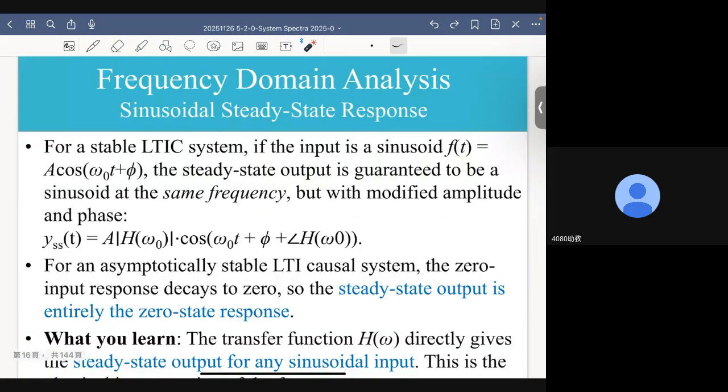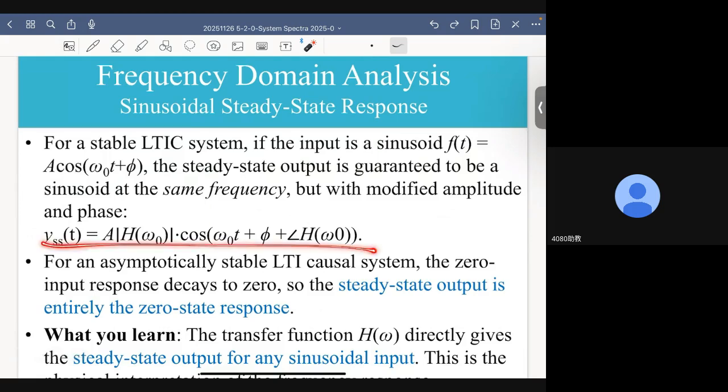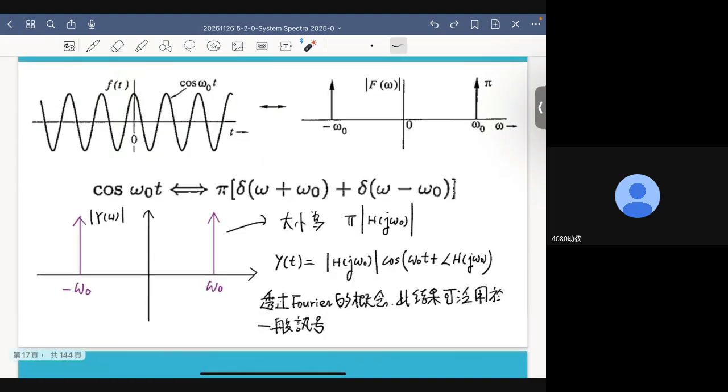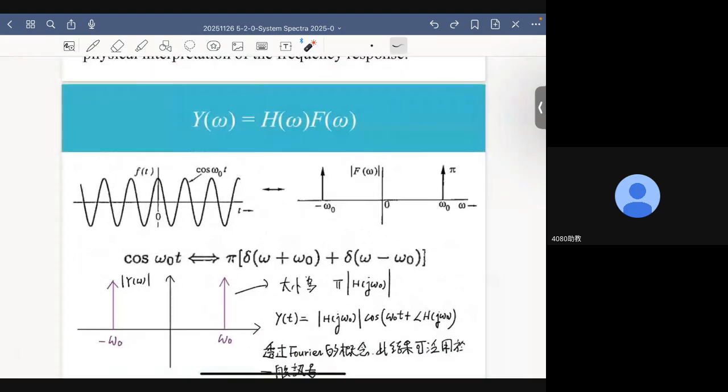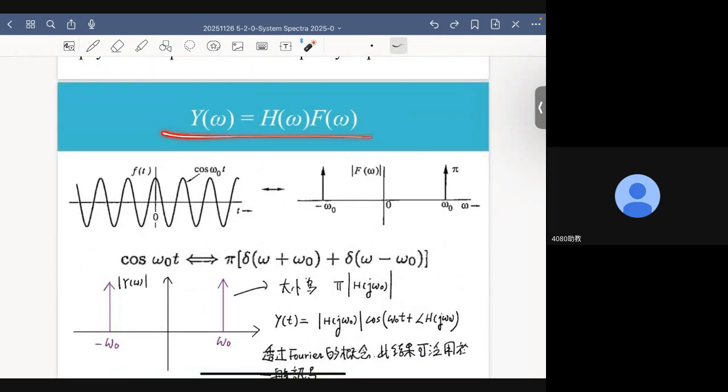Now, the second thing is, how do I know this is true? How do I know the steady state response is a cosine signal with the same frequency as the input sinusoidal signal? To answer that question, let's again use this equality.